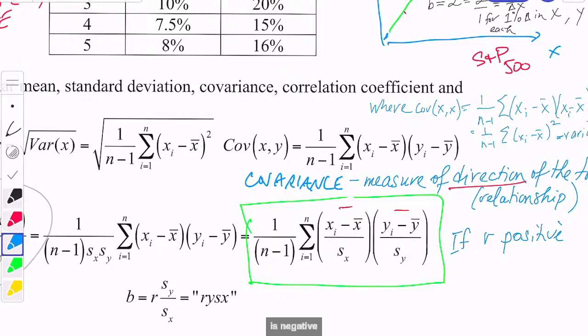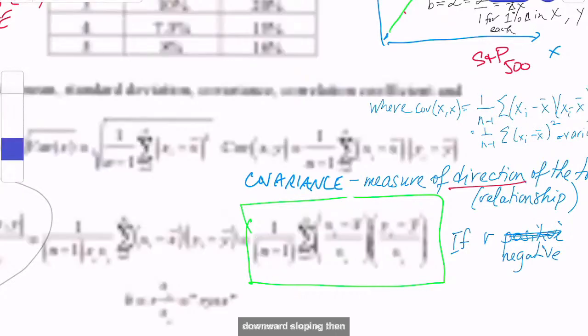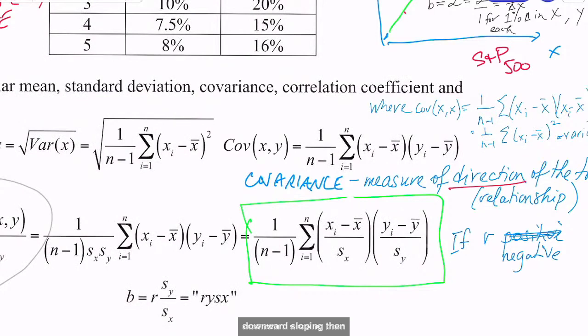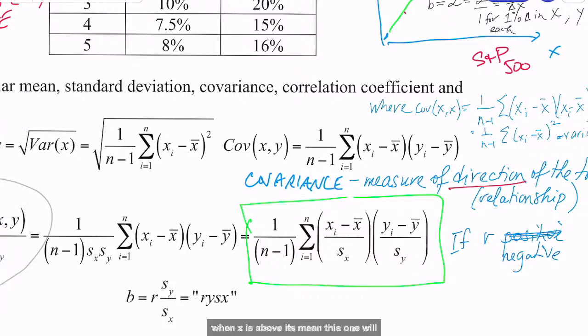It's the opposite if R is negative. What happens? So if the relationship was a negative relationship, downward sloping, then we talked about how when X is above, Y is below. It behaves oppositely. So what's going to happen when they're opposites? When X is above its mean, this one will be positive.